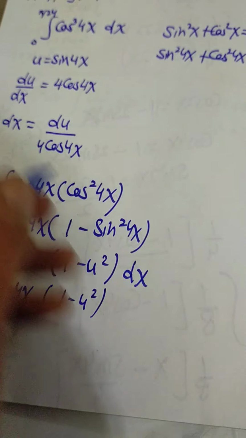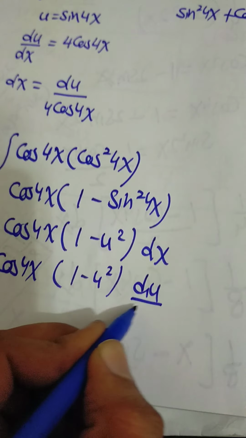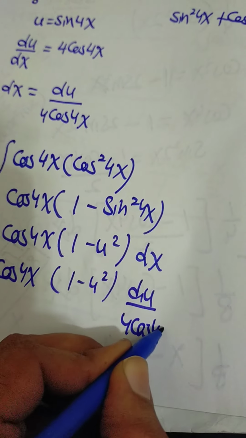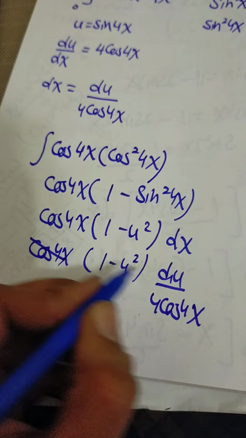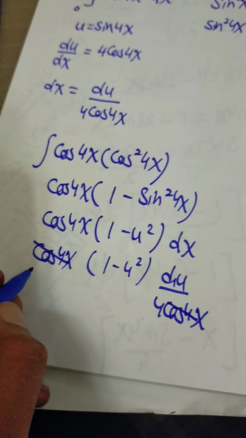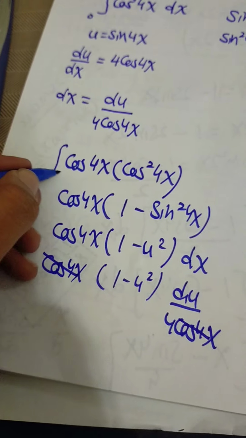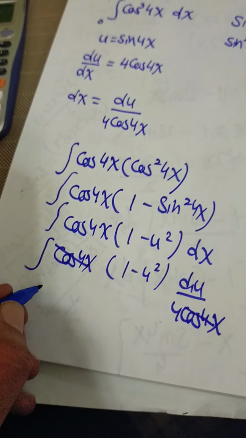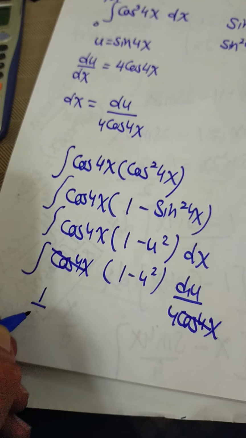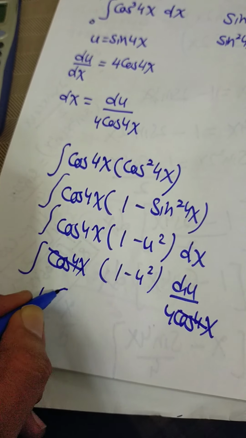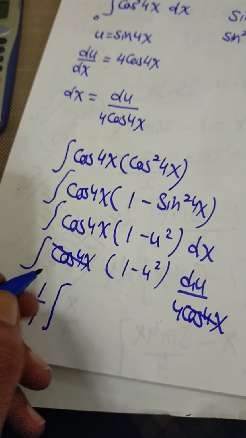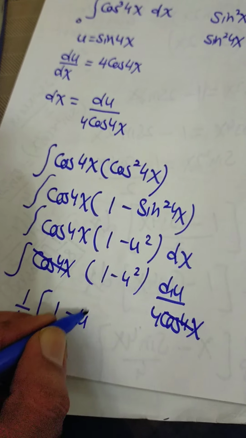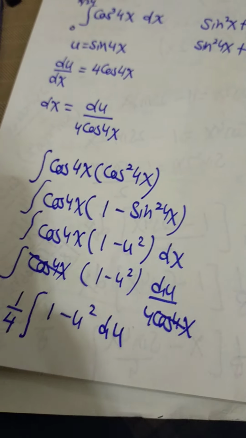So here we can see that cos 4x and cos 4x cancel out, and the remaining thing is, let me just write the integral over here. The 1 over 4 is a constant which can be written outside the integral as well, and the remaining thing is simply like this.